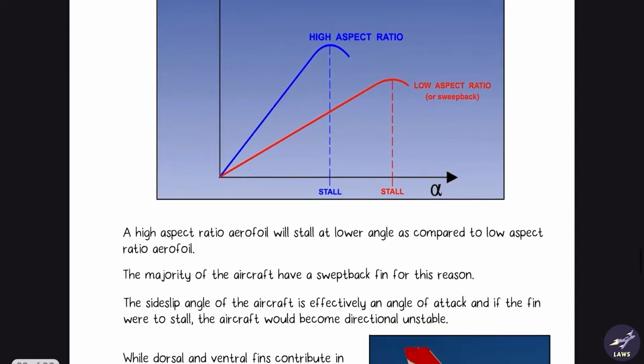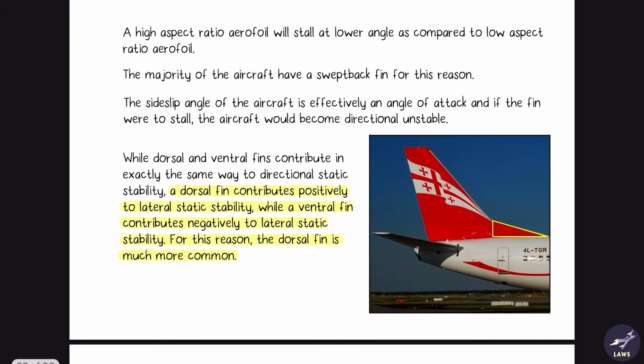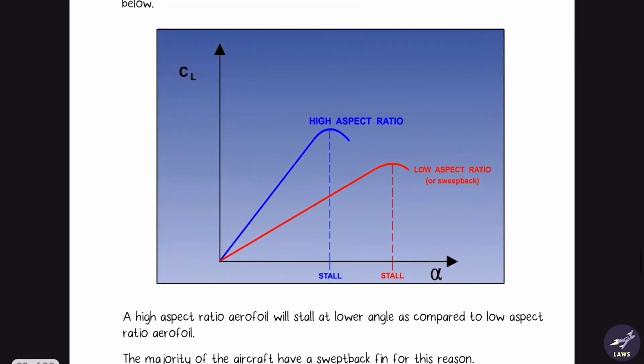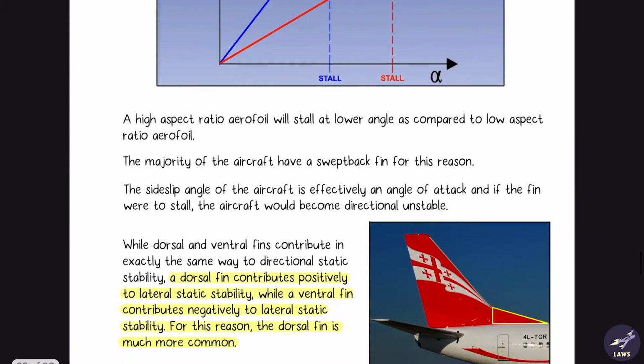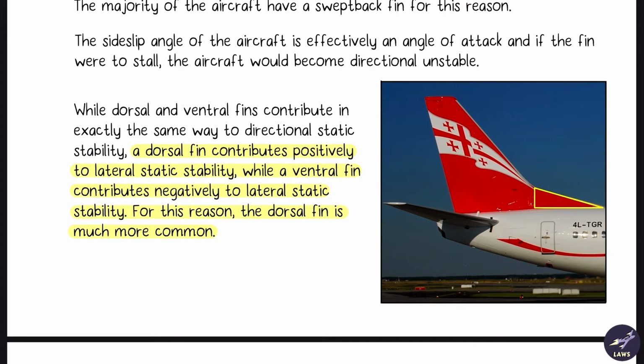Both the dorsal fin and the ventral fin contribute positively to directional stability. Whereas the dorsal fin contributes positively to lateral static stability, which we will be doing next.